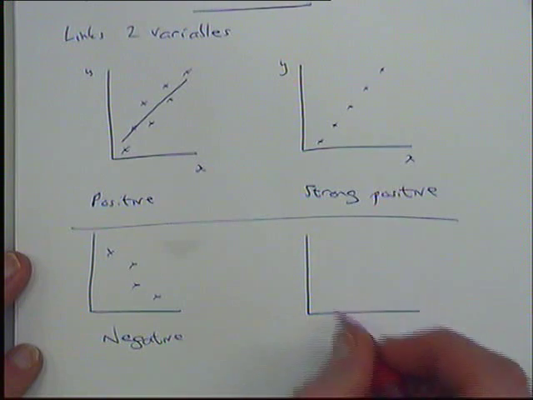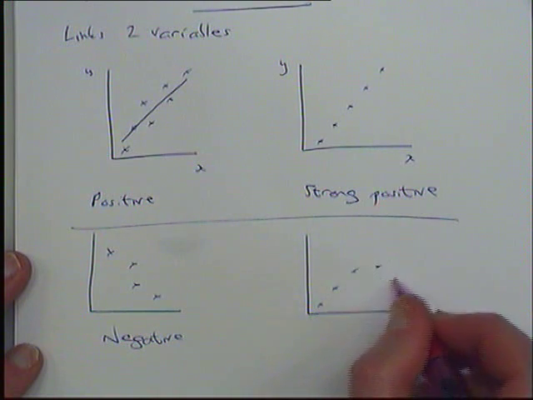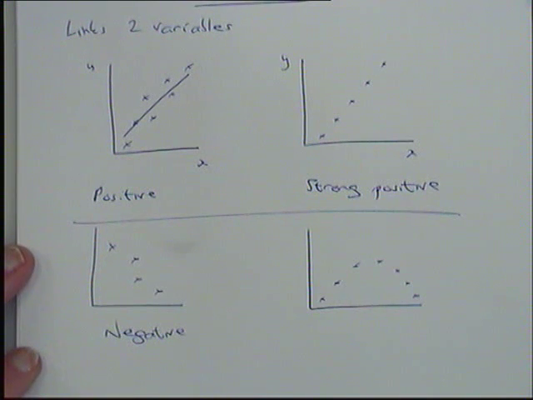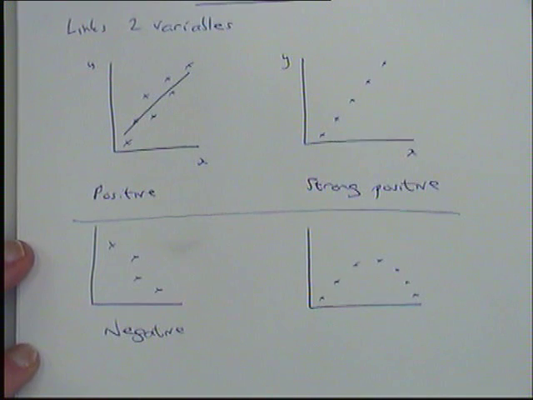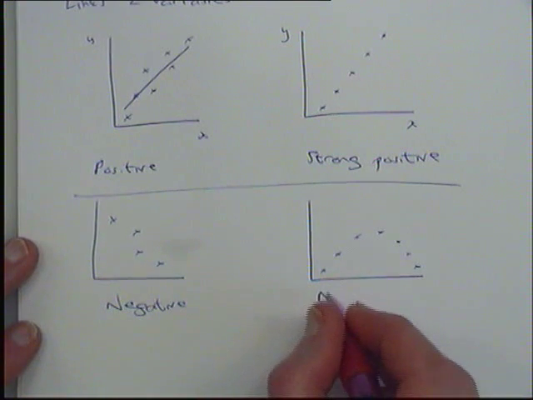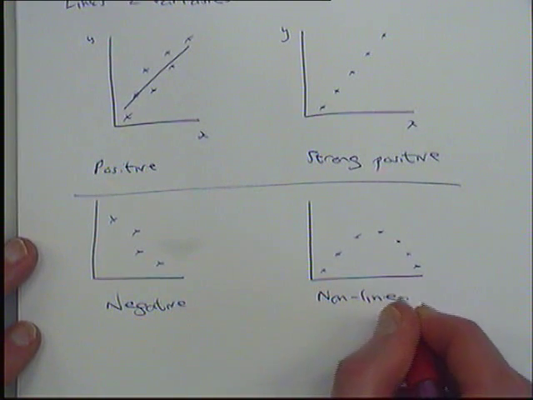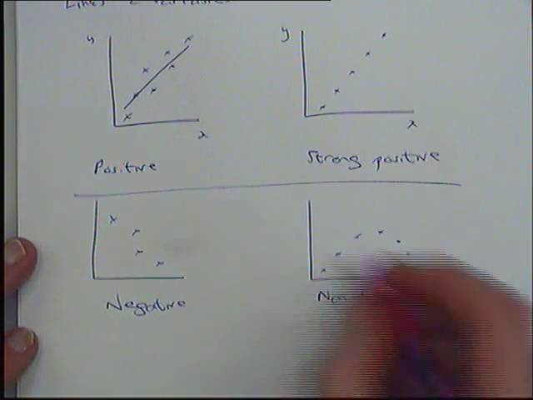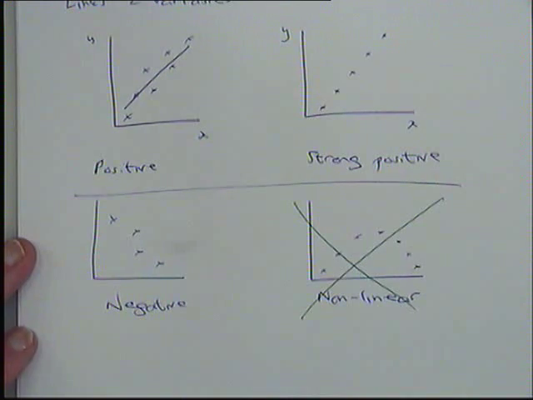Well, what was that one with the curve? You could have a non-linear relationship, but we don't have to worry about that one, so we're going to ignore that one.